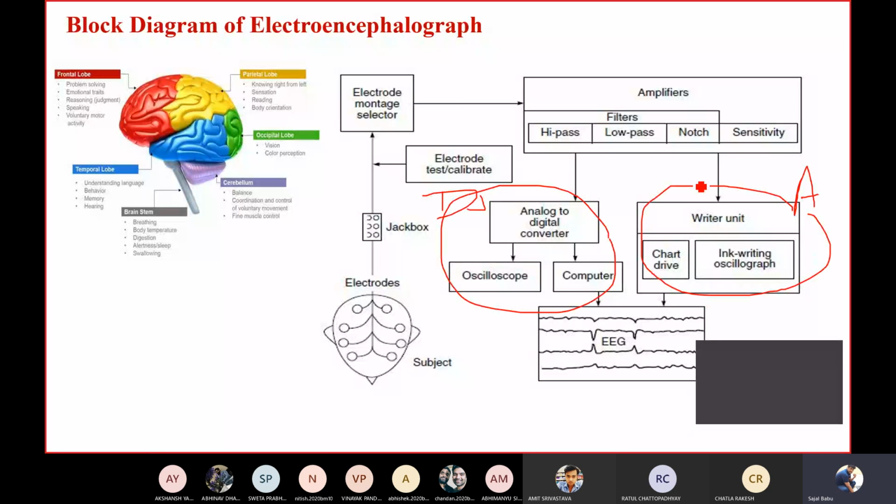So what the writing part is going to have is a paper and a pen. This paper travel is going to move and this pen is also going to write upon that. That means the pen will move and the paper will also move. But how is the pen going to move? The pen will move depending upon your EEG signal.